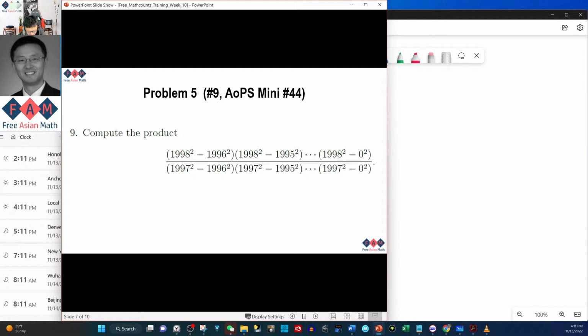But just think about it. When you do this, you will be able to somehow align them. 1998 subtract 1996 is very similar to 1997 subtracting 1995 because the difference is just 2.